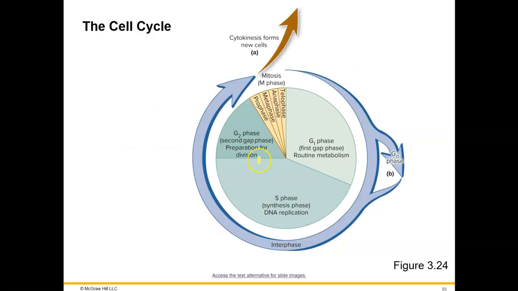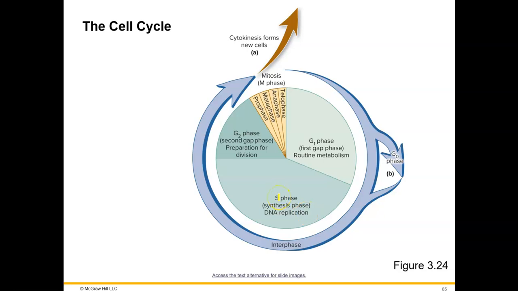So here's our cell cycle. We have interphase, and that starts with G1, the first gap phase. This is when routine metabolism or chemical reactions occur in the cell that normally occur. And then you also have the organelles. All the organelles in the parent cell are going to double. Then we have the S phase, which is when DNA replicates.